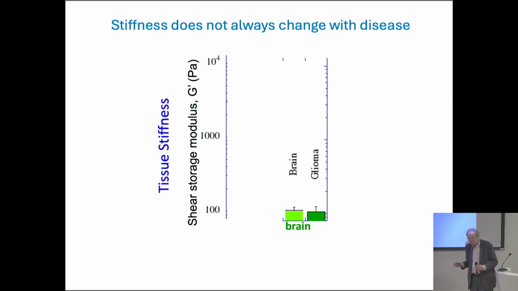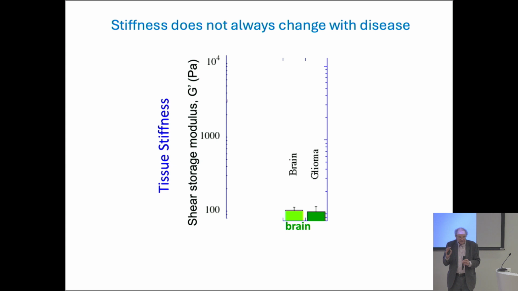But one of the discoveries in the brain is that unlike many other kinds of tumors, brain tumors are not stiffer. It depends on what kind, but gliomas, the most common and deadly brain tumor, are not stiffer than the normal brain tissue. If anything, they're slightly softer.